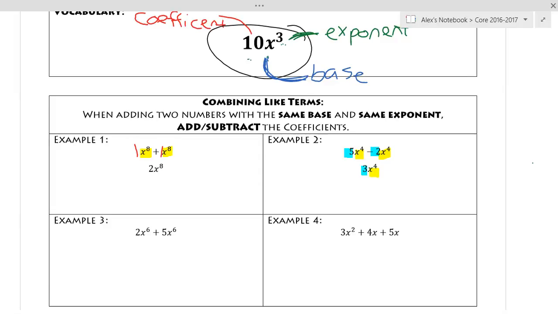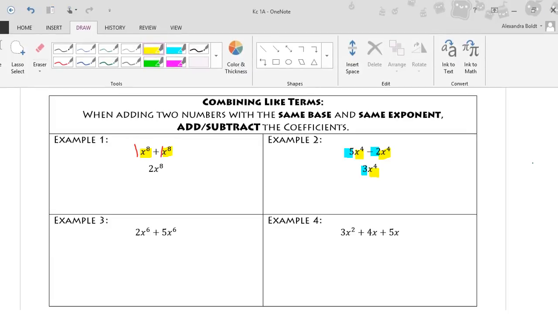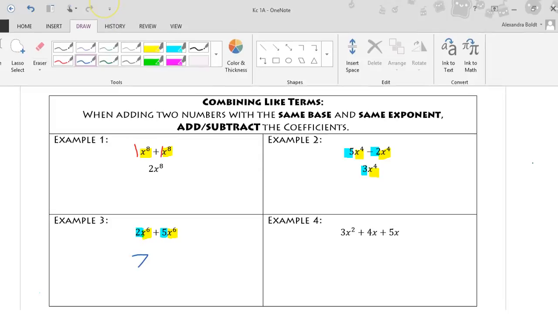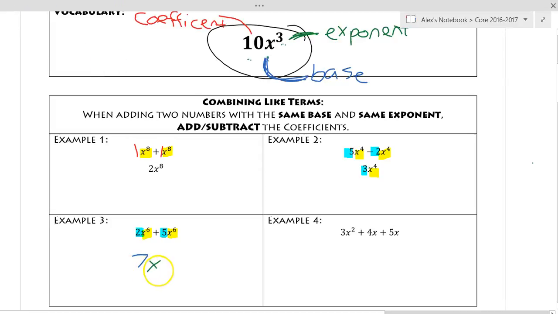So that x to the 4th stays the same. Same thing here. I have x to the 6th and x to the 6th. Those are the same. I have 2 of them and I have 5 of them. That means I have a total of 7 x to the 6th. Again, it's like 2 apples plus 5 apples, a total of 7 apples.